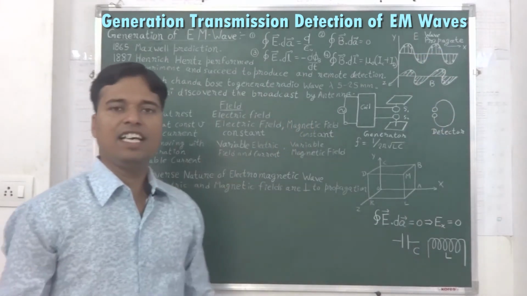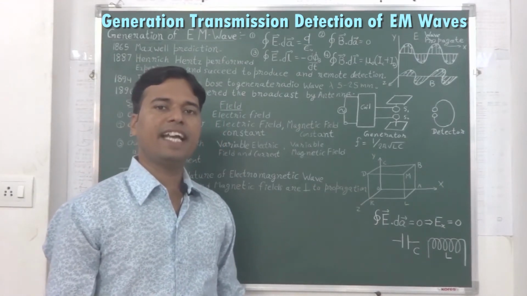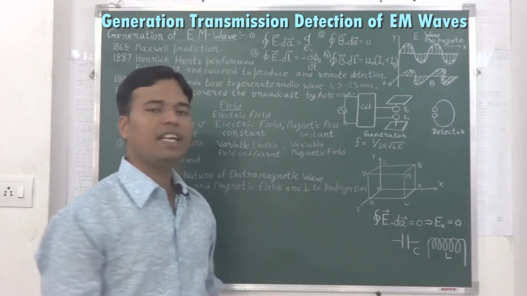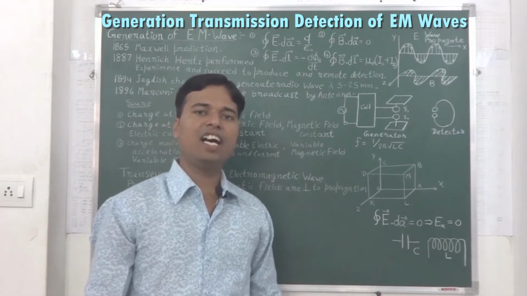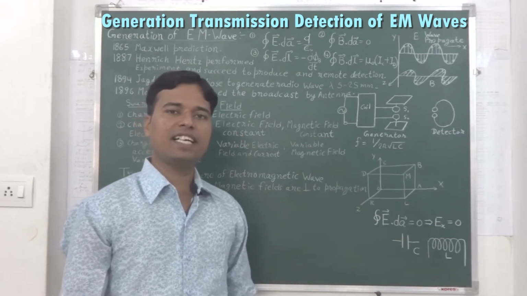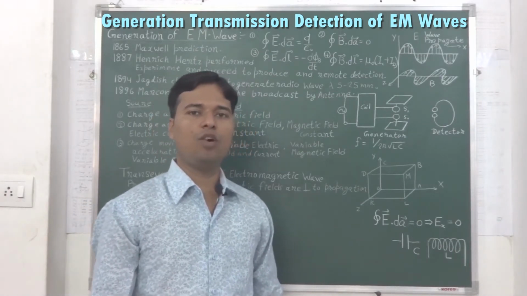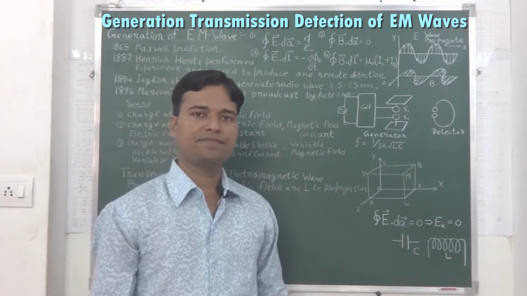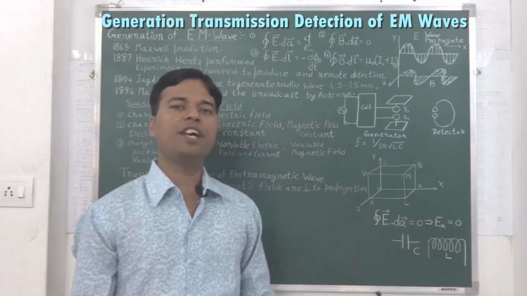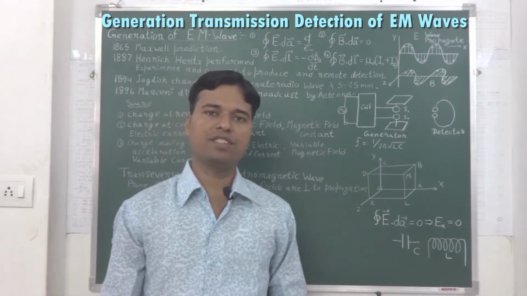Dear students, in our last video we discussed the establishment of Maxwell's equations. Maxwell gave the idea of displacement current along with the conduction current. Both are responsible for the generation of a magnetic field. James Clerk Maxwell was the first scientist who gave the idea of electromagnetic waves.